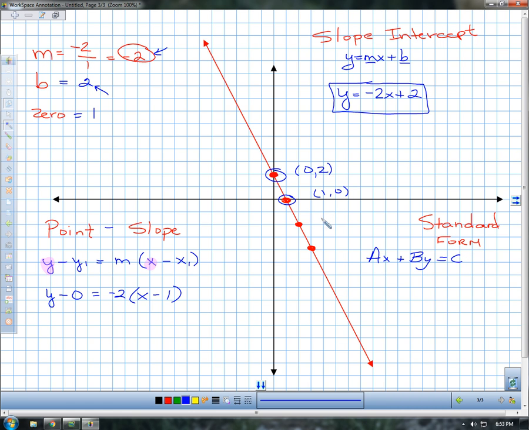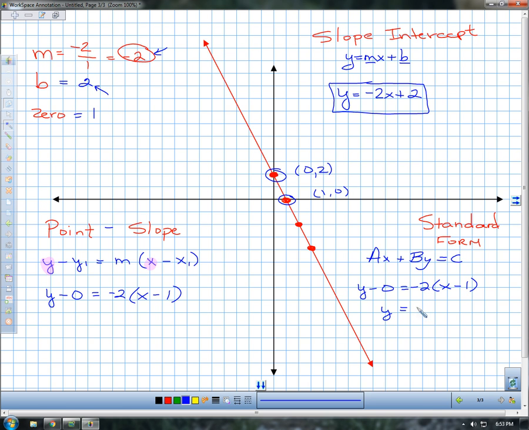My advice to finding standard form, given all this information, is to take your point-slope form: y minus 0 equals -2 times x minus 1. Okay? So y minus 0 is y.